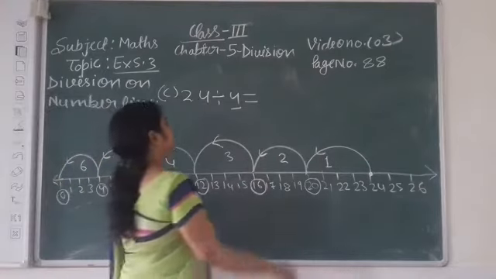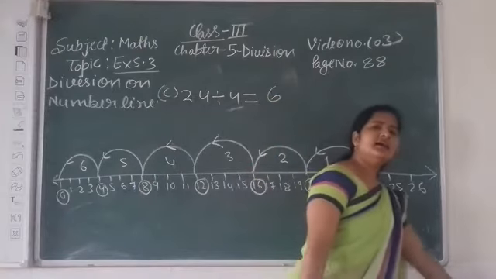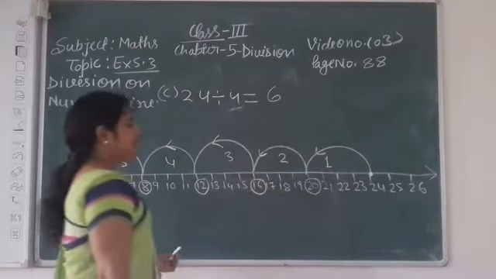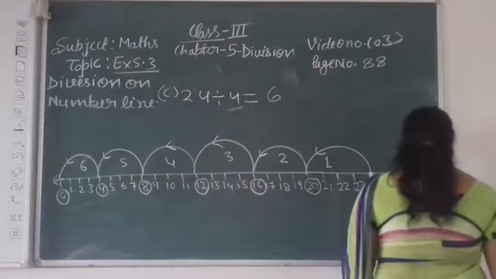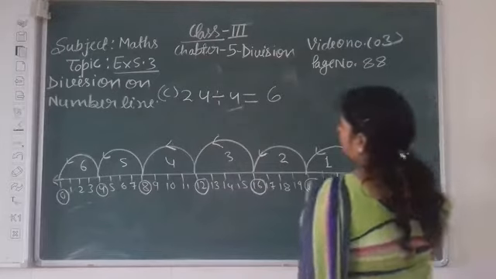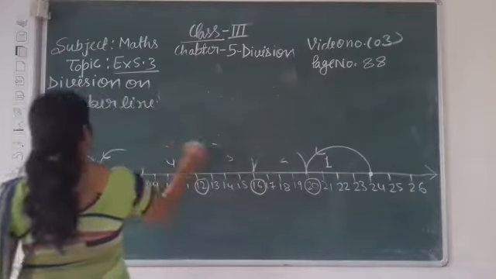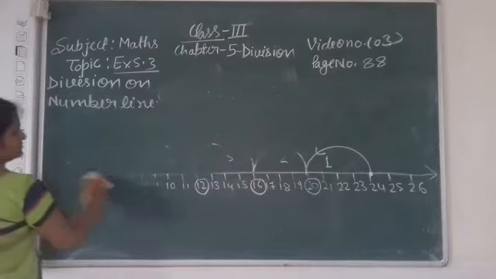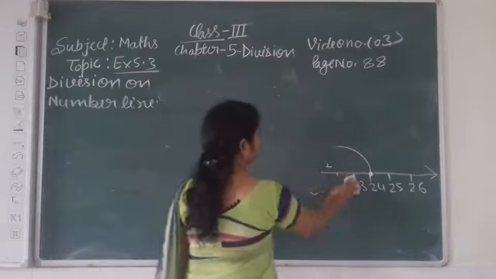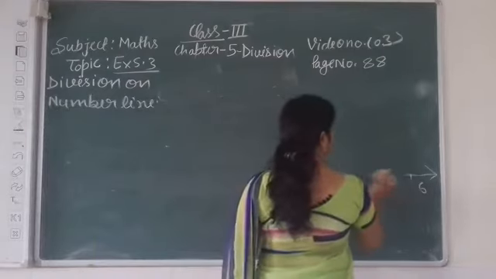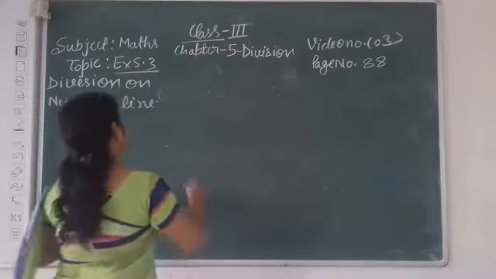It means 24 divided by 4 is equal to 6, and 6 is the answer. Okay, next question is D.